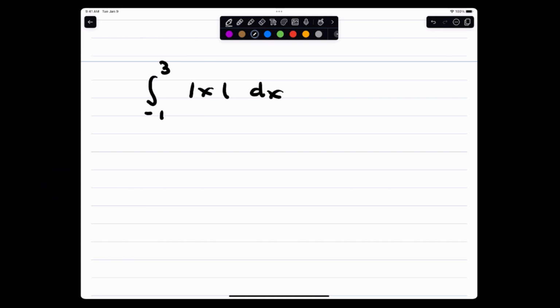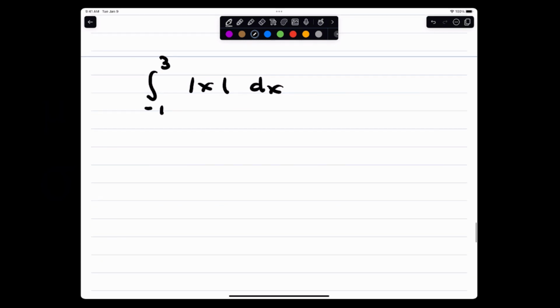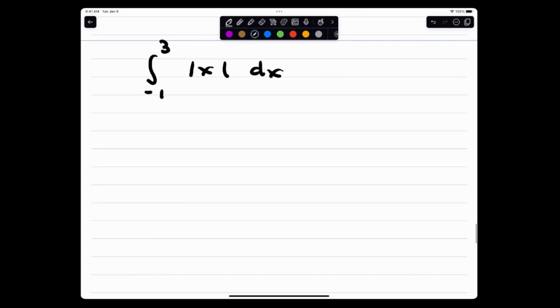So this one's a little bit fun. You go, what do you mean by fun? Well, here's what I mean by fun. You have a problem. Do you guys have an antiderivative formula for the absolute value? There's no antiderivative formula. So you say, what do we do since there's no antiderivative?